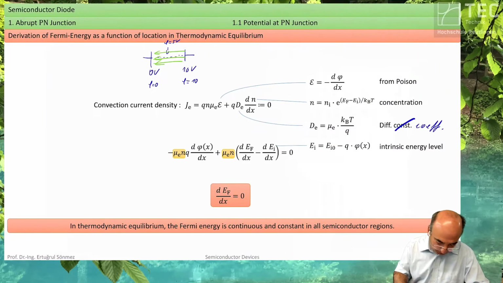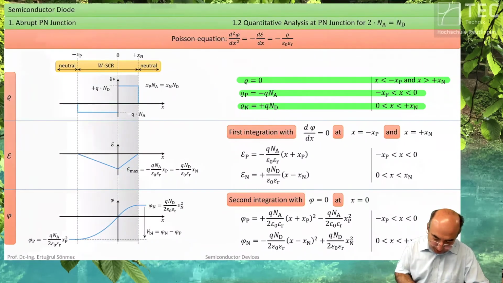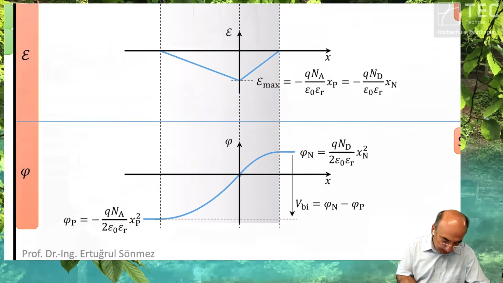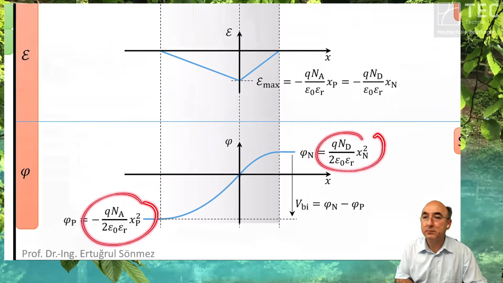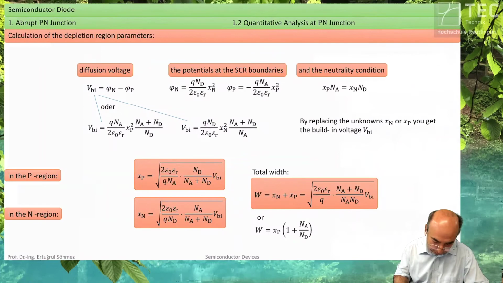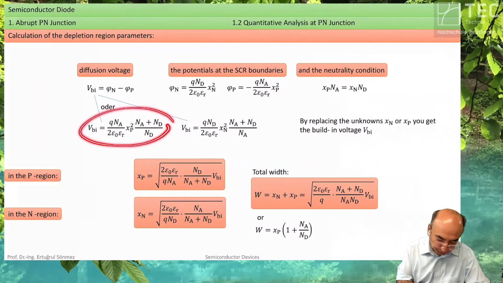Okay, and now we have the built-in voltage by equation. It's namely this minus this. Well, here we are, built-in voltage.